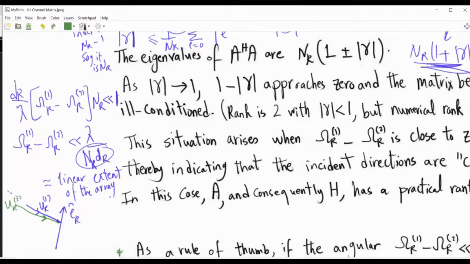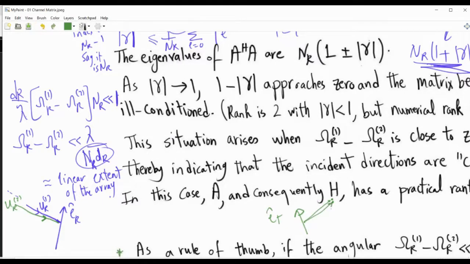So you are also in trouble if you have, basically, the directions. Suppose that you have the transmit array, and you have a scatterer 1 here, a scatterer 2 there, and the directions are very, very close.